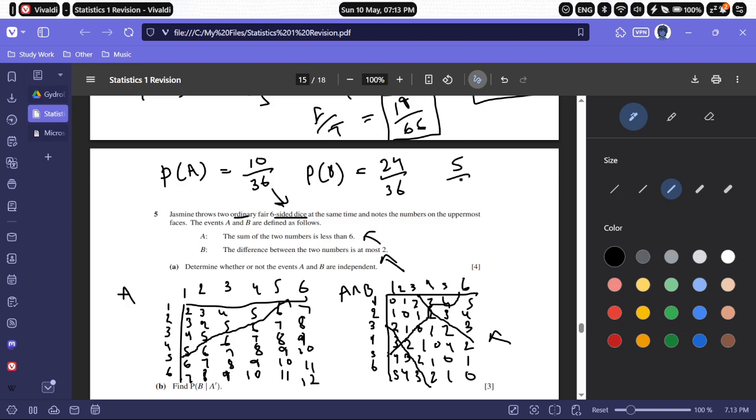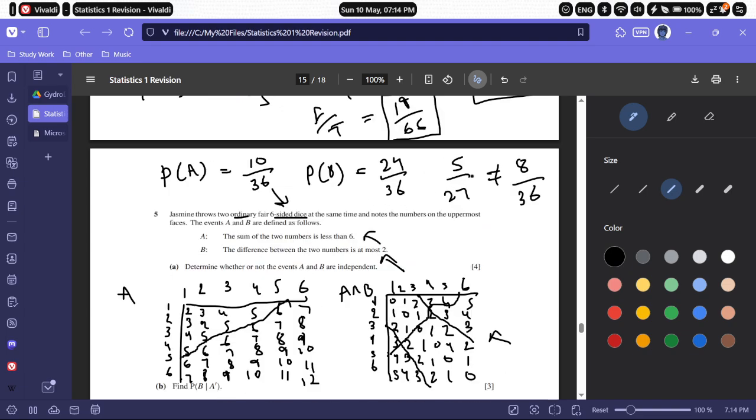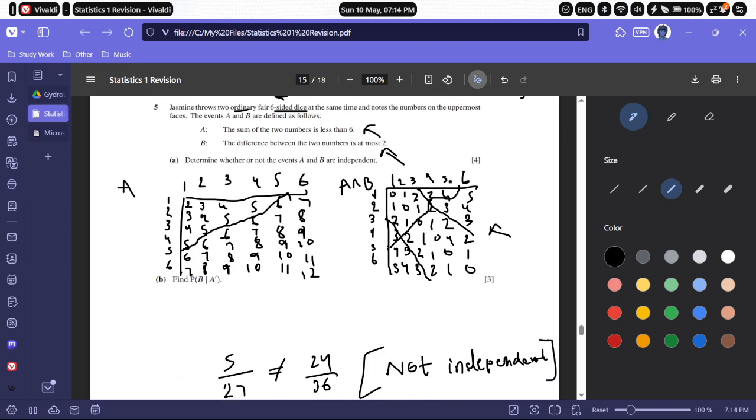P of A times P of B is not equal to P of A intersection B. 10 over 36 times 24 over 36 is 5 over 27, which is not equal to 8 over 36. That's what I wrote. Maybe I'm just a bit tired, but then it's fine. Wait, this part is clear, right? Okay, we'll move on.